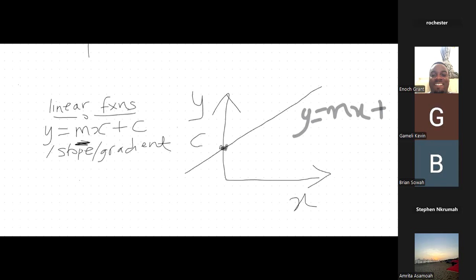Now take note of this. Every line is made up of smaller points.